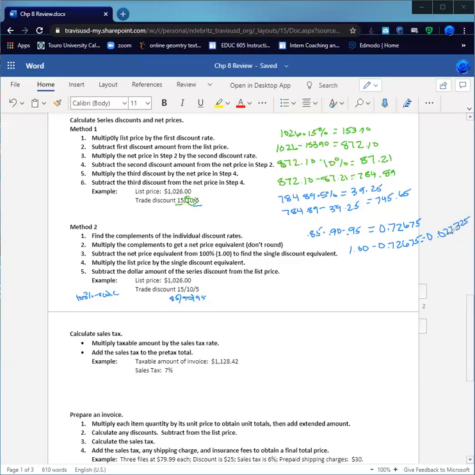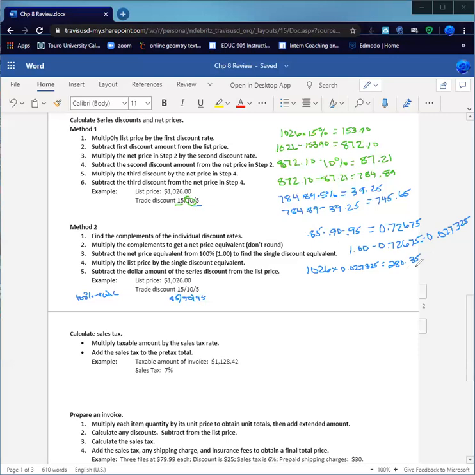Then I'm going to multiply that by my invoice, so my list price. So my list price was $1,026. I'm going to multiply that by 0.027325. That's going to give me $280.35.